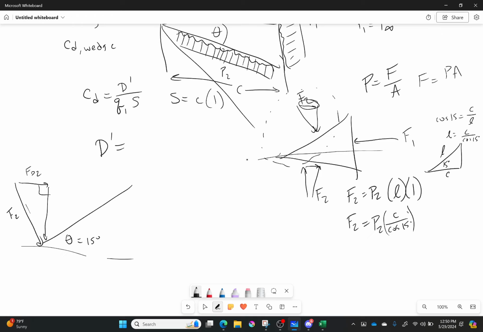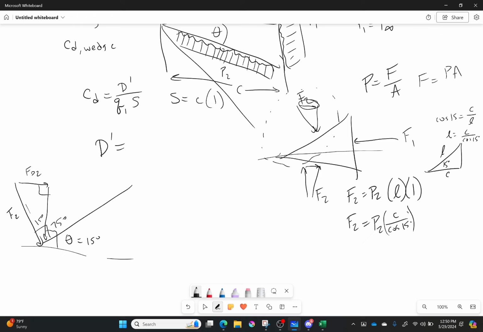So I need to figure out what that angle is. Well, luckily, I know that this is 90 degrees, right? Okay. And so that means that this angle has to be 75 degrees. I also know that this angle is 90 degrees, which means that this angle has to be 15 degrees. And ha-ha, I got an angle. I can do everything else from there. So, let's see here.